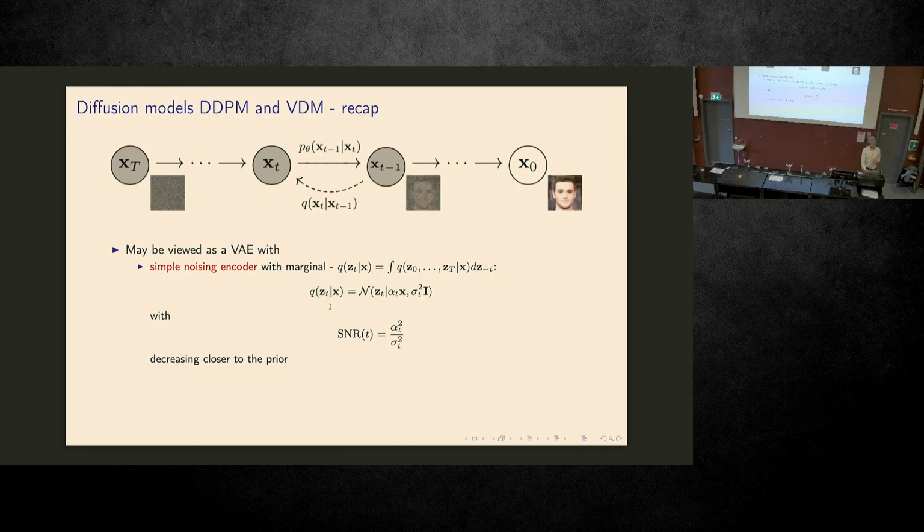For example, if you look at the marginal distribution of the variational distribution, so we integrate out, let's look at layer T, we integrate out all the latent variables apart from layer T. Then we approximate that just with a normal distribution where the mean value is just the original data scaled with some factor alpha, and then we add some noise.